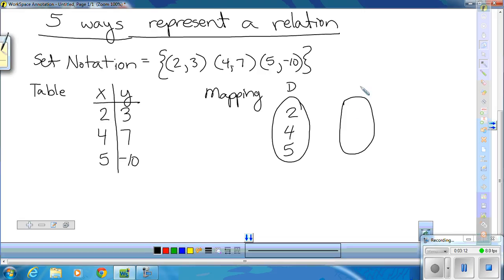This is our domain, and this is our range: 3, 7, and -10. Again, input goes to the output, so 2 goes to 3. So it is directional. 4 goes to 7, and 5 goes to -10. This is the input, and this is the output. So this is a mapping.